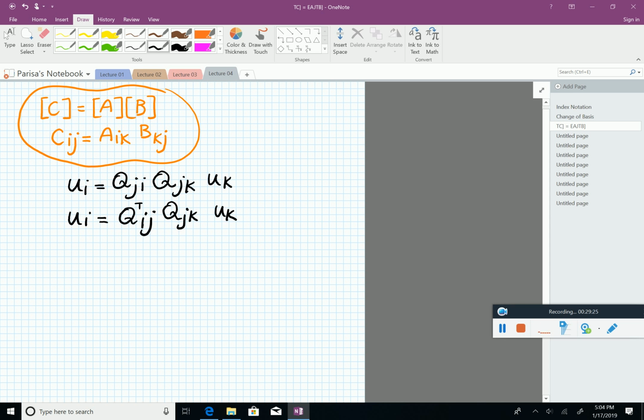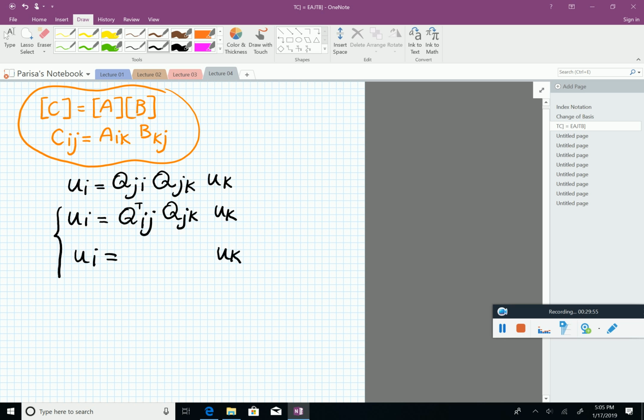So this is one side of the story. And the other side is, you see that UI is becoming magically UK. There is something we learned last time which does that. So what do you think these product of QTIJ, QJK, what does it amount to?